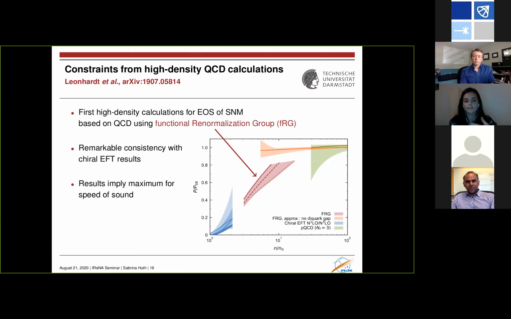Of course, since it's also the first study, there is still some uncertainty from things that they have not incorporated yet. But why we use this is because it's the first study from calculations based on QCD in this intermediate density regime. So far, there has been nothing like this for densities above twice saturation density.